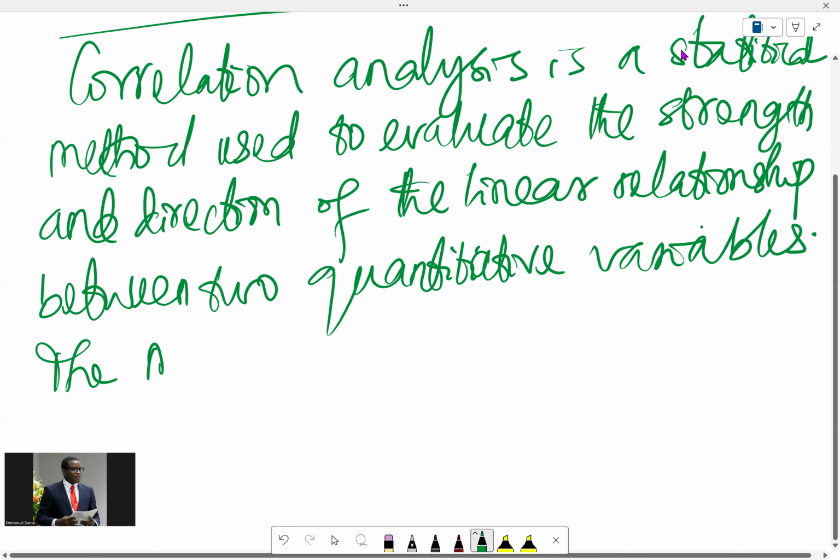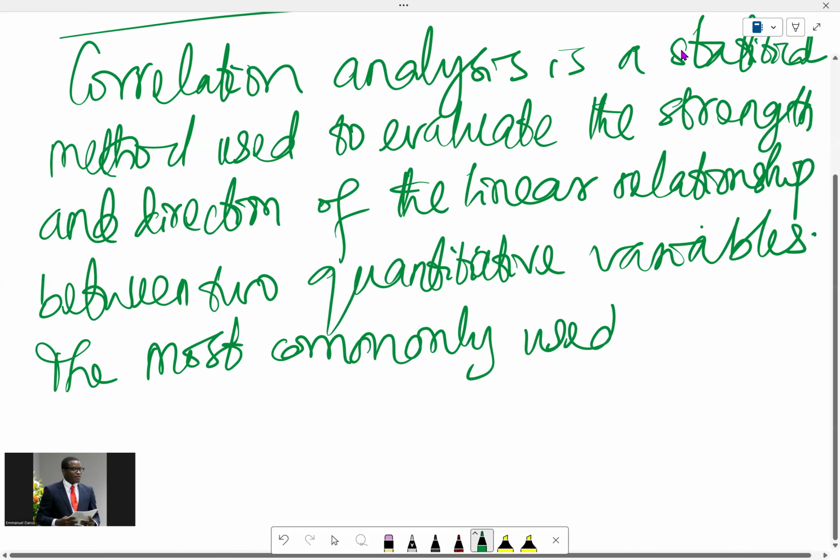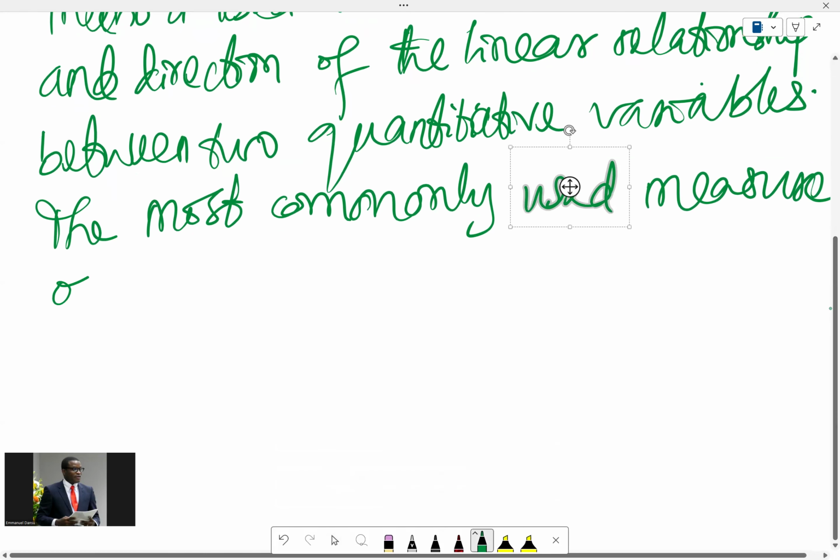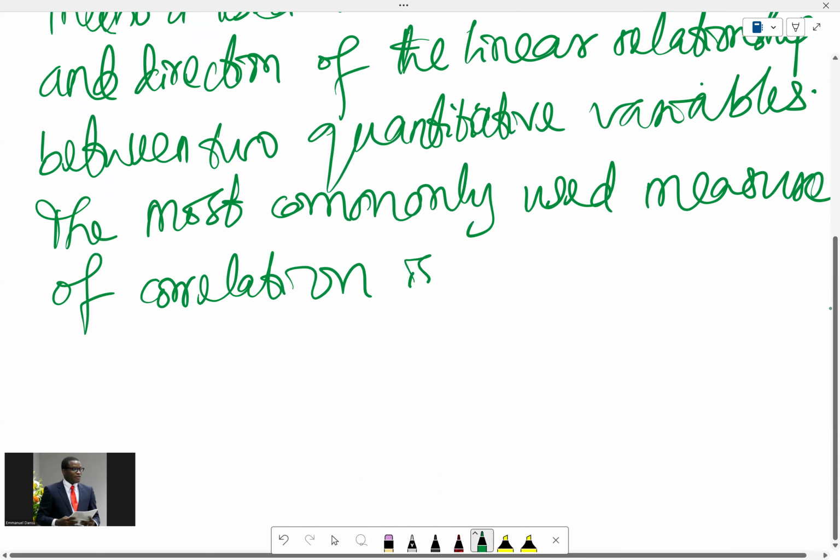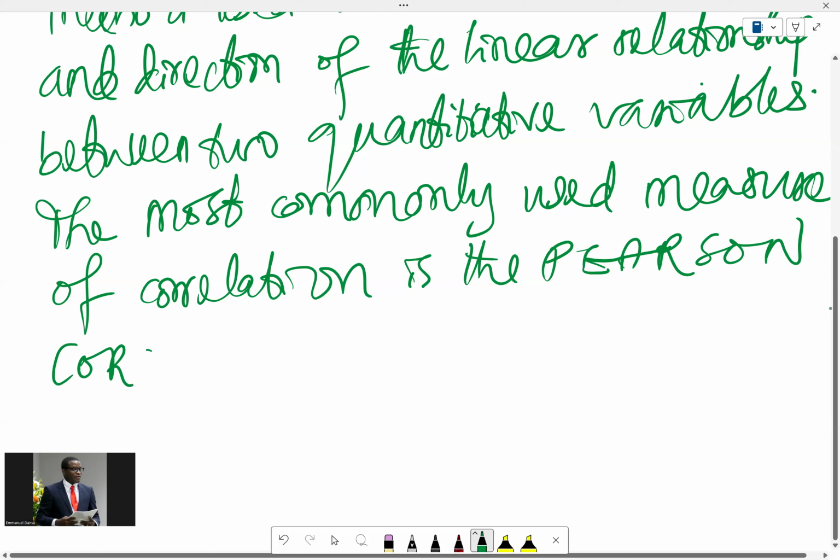So the most commonly used measure of correlation is the Pearson correlation coefficient.